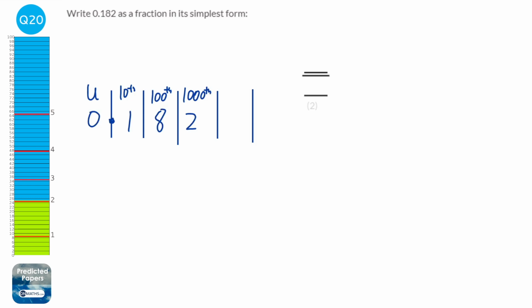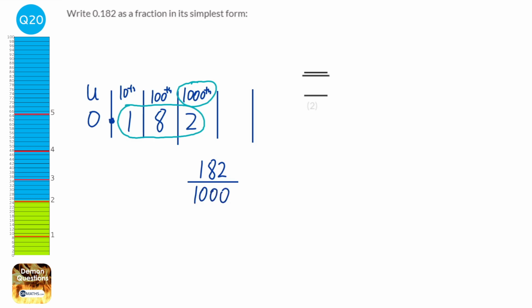Now if you read off the number, it's 182 thousandths. So you just look at where the last digit is and look at what column it is, and reading the digits from left to right, you can put that number 182 over that last column, 1000.